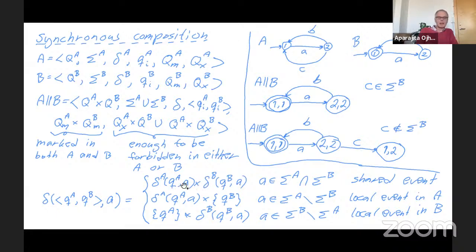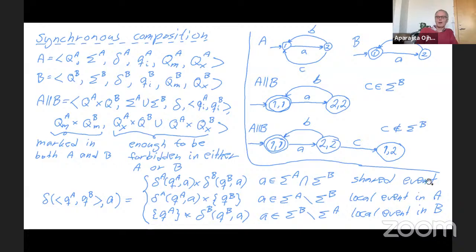So in that case, if you have a unique state in both, you don't need to write the cross product, it's just one element, delta A of QA, A and comma QB, delta B of QB, comma A. But if this is a set of states explicitly for the non-deterministic case, then you have to use the cross product.